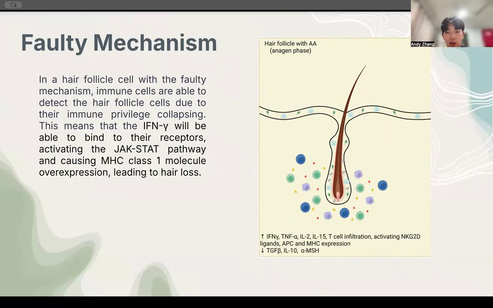And then on the right, you can see a diagram of a hair follicle with alopecia. And as you can see, interferon gamma expression is upregulated.